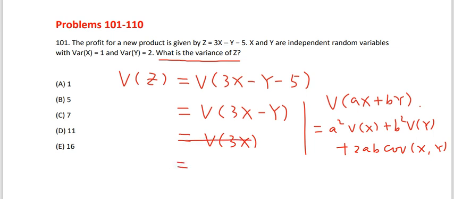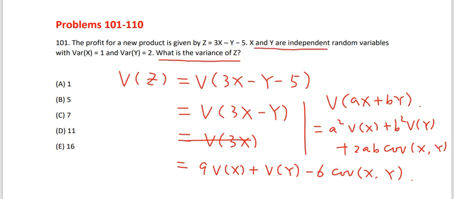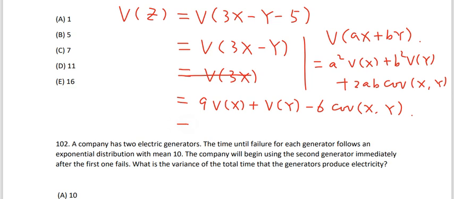This equals 3 squared, 9 V(X), plus b squared, negative 1 squared, so plus V(Y), plus 2ab, so minus 6 covariance of XY. Here X and Y are independent, so covariance equals 0, right? So this is just equal to 9 V(X) plus V(Y).